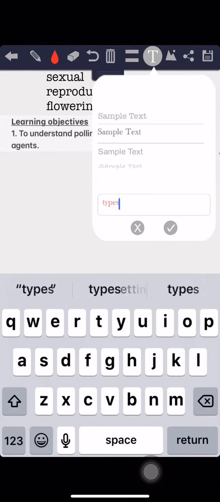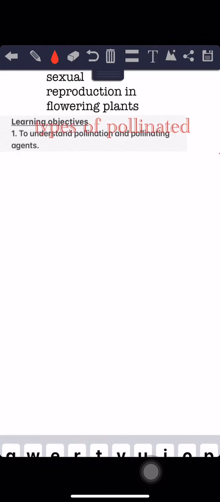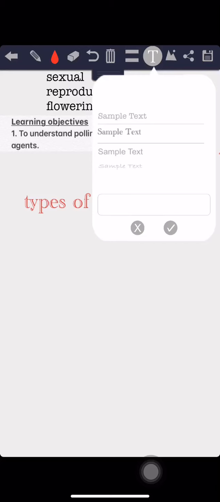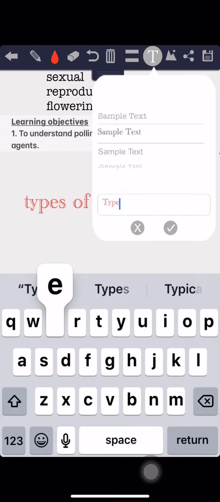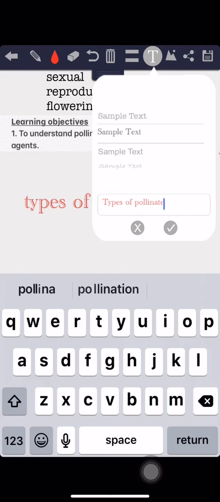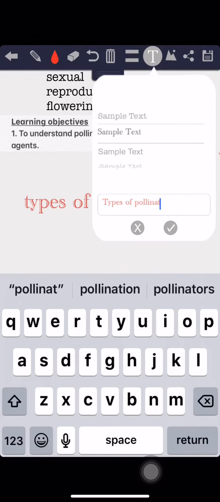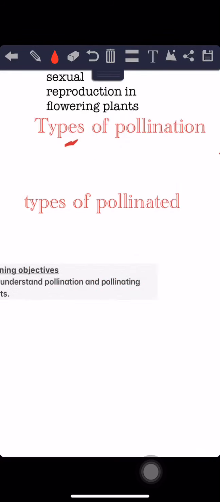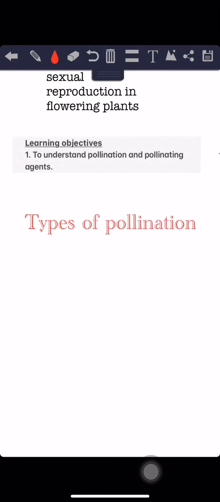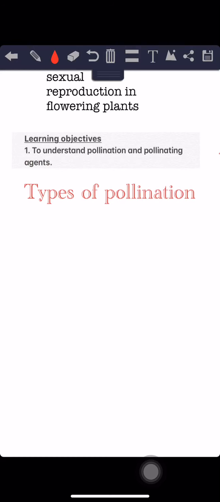So types of pollination. So how many kinds of pollination are there?